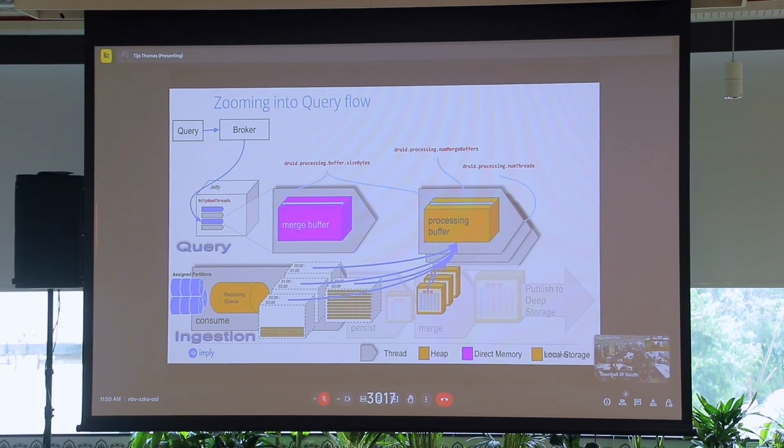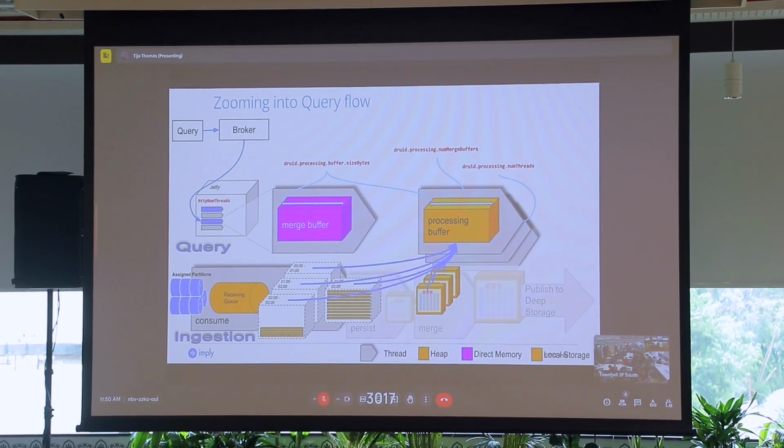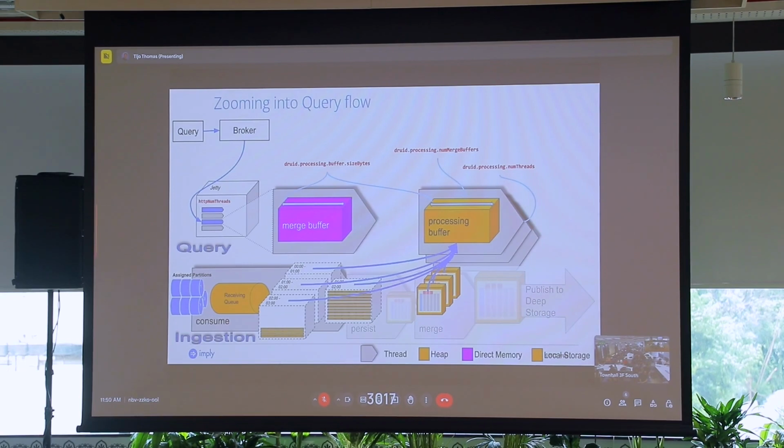The reason is that Druid is written in Java, and keeping everything in heap costs a lot of GC, so we push it to an off-heap buffer and the intermediate results are pushed there. At the end of the query, once all the data is there, it is merged together to give the final result. So that's all the query processing, pretty straightforward.